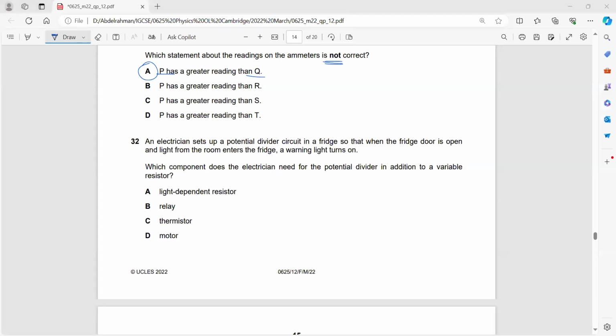An electrician sets up a potential divider circuit in a fridge, so that when the fridge door is open and light from the room enters the fridge, a warning light turns on. Which component does the electrician need for the potential divider in addition to a variable resistor? What's the purpose of this circuit?